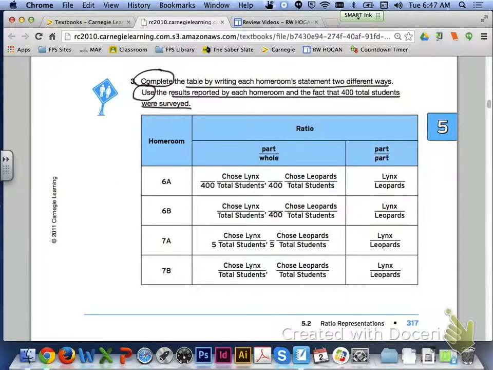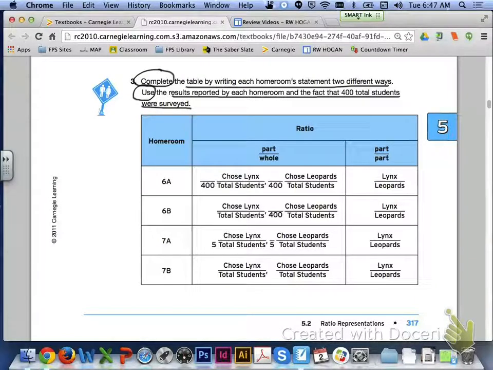Let's take a look at number 3 at the bottom of page 317. It says to complete the table by writing each homeroom statement 2 different ways. Use the results reported by each homeroom and the fact that 400 total students were surveyed. This is why we talked about people probably navigating to use homeroom 6A's results, because we saw the total numbers that were given for the entire school.